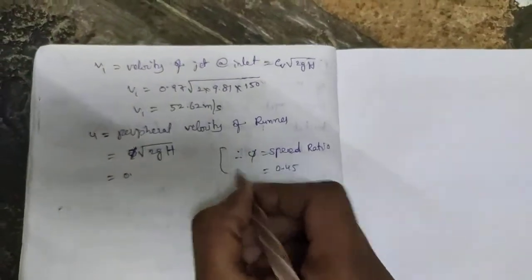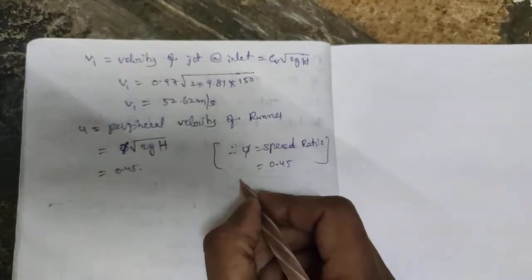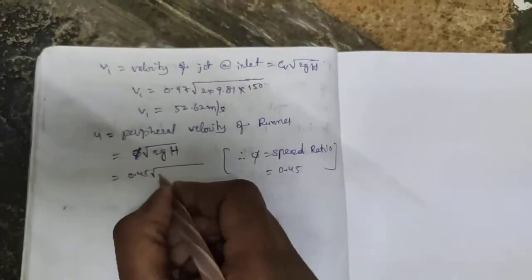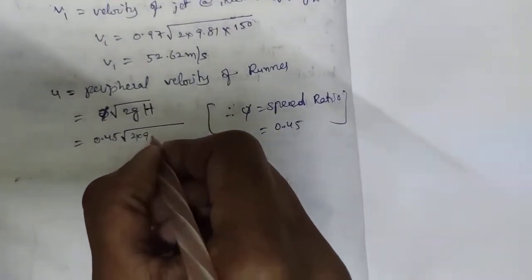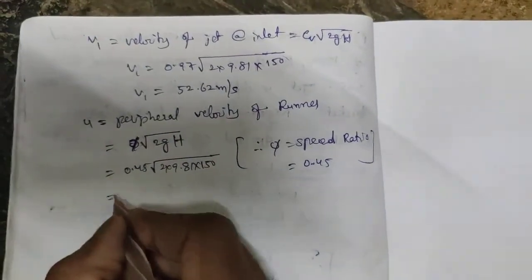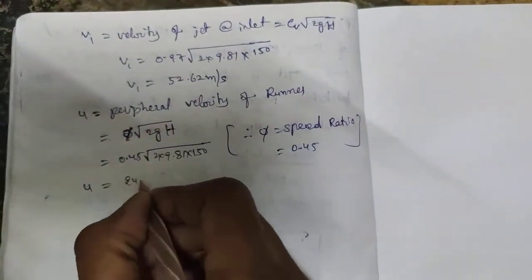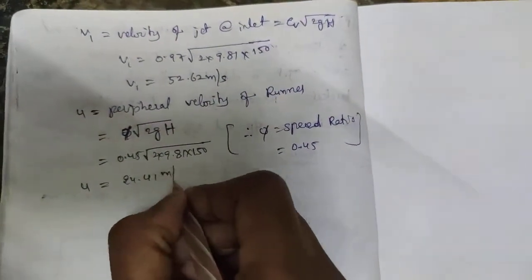So this is assumed, 0.45 into root of 2 into 9.81 into 150. So its value is 24.41 meter per second.